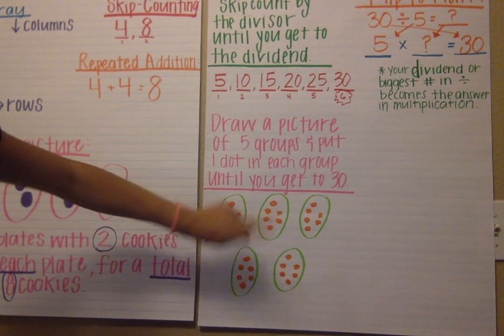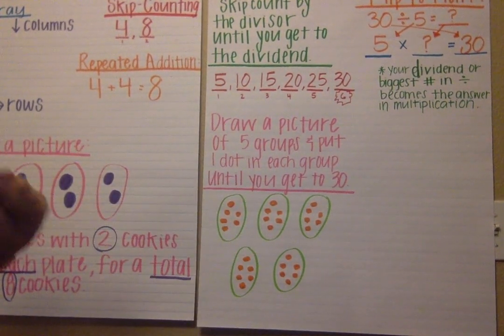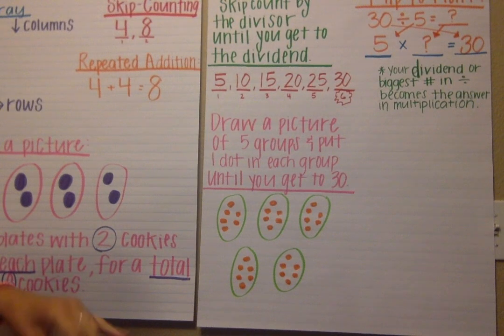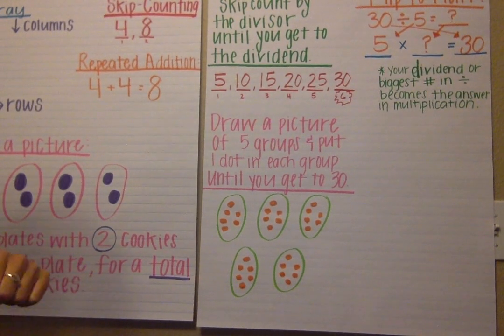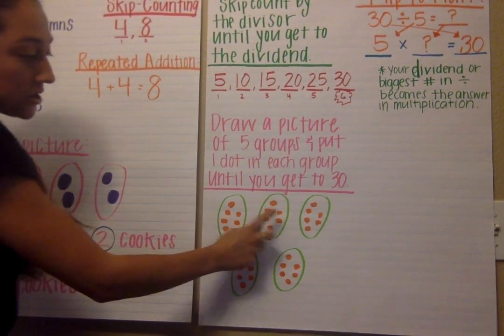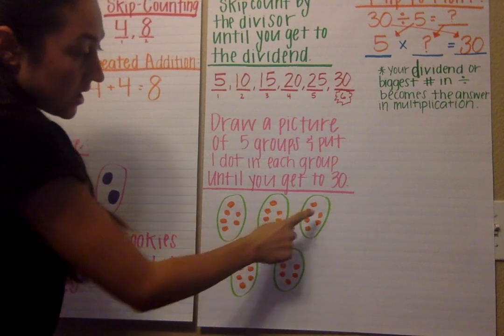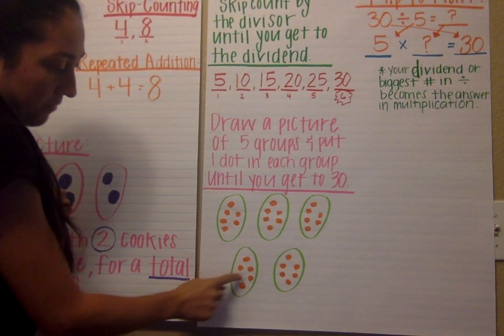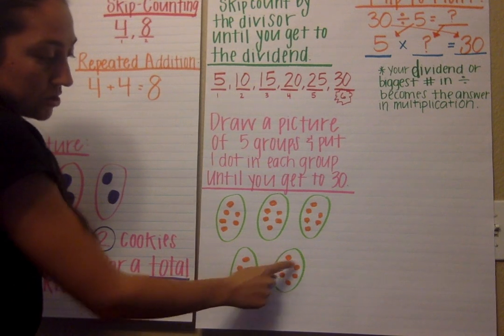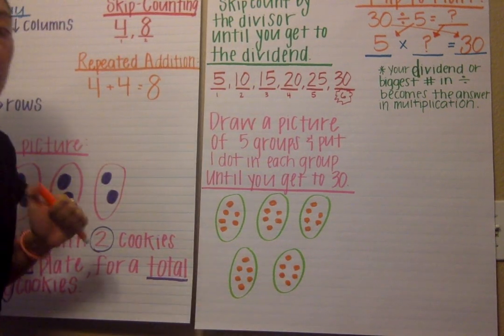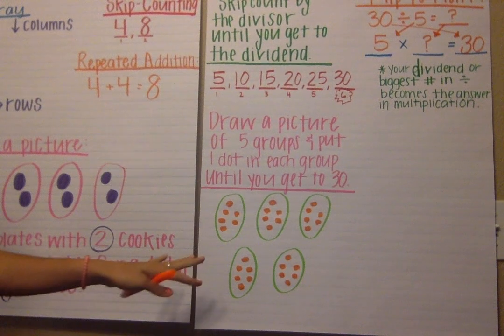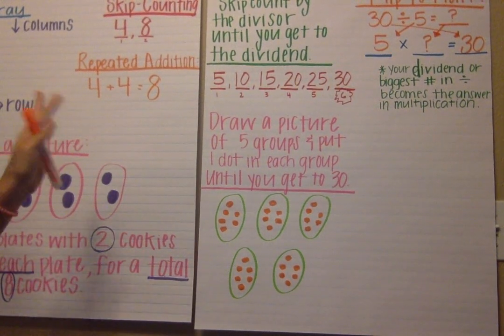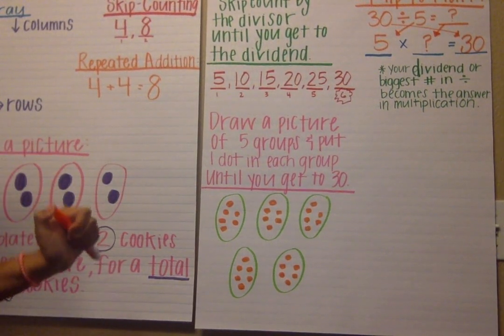And just to make sure, I'd count each of them so that they have an equal number, because in division and multiplication, you have to work with equal numbers. So 1, 2, 3, 4, 5, 6 in each group. So now that they're all equal, I know I did this problem correctly and that my quotient is 6.